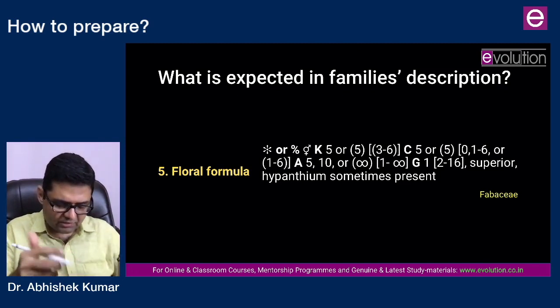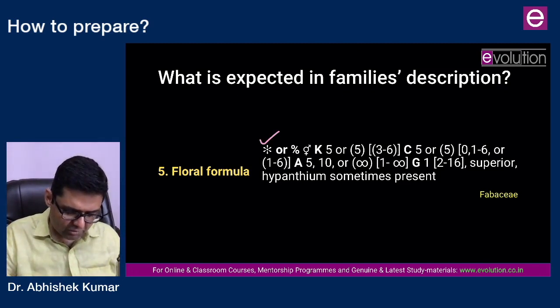You notice that the flower is actinomorphic or zygomorphic, the flower is bisexual. Here we are at calyx. So 5 members, they are free or they may be united. Since they are united, hence in the small bracket. And then this is the range, that when they are united, they may be 3 to 6 also.